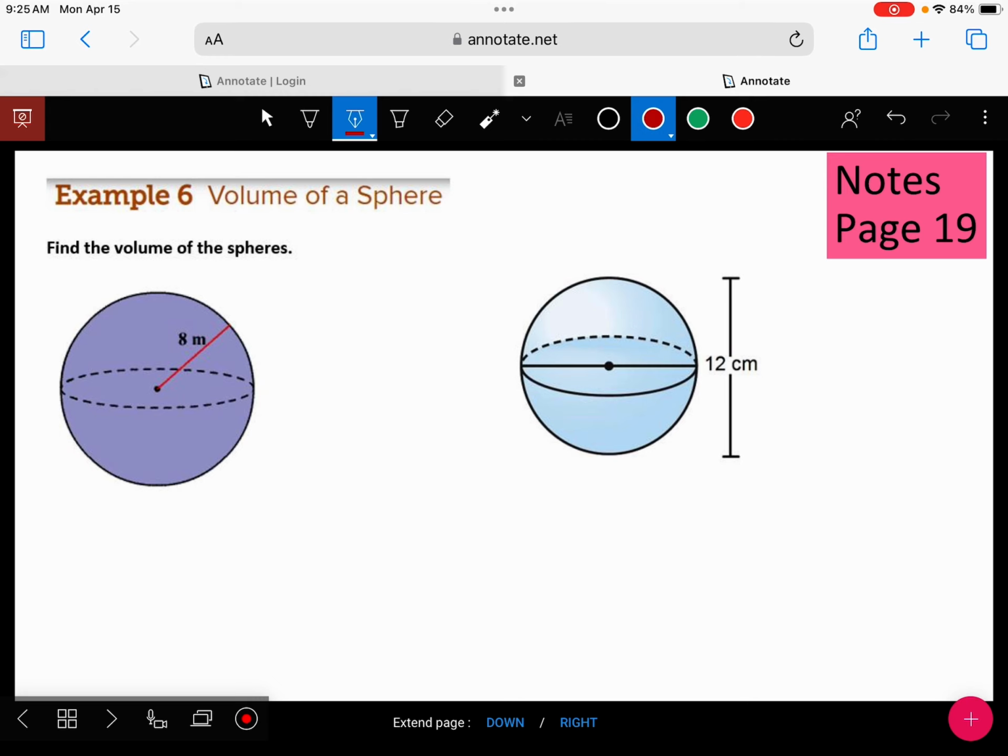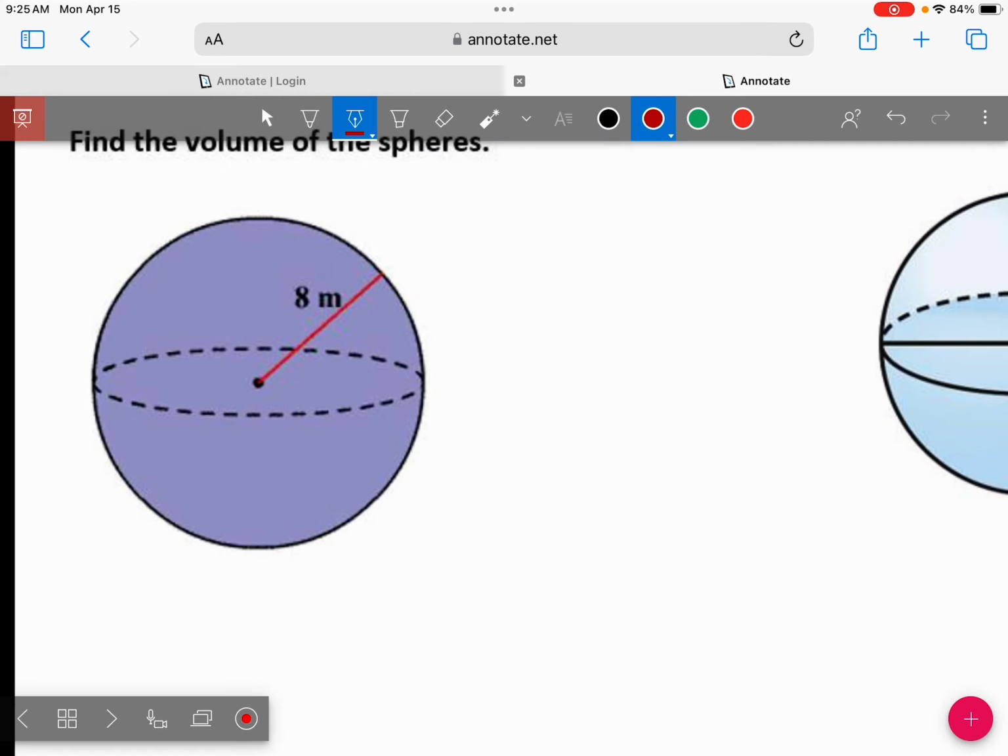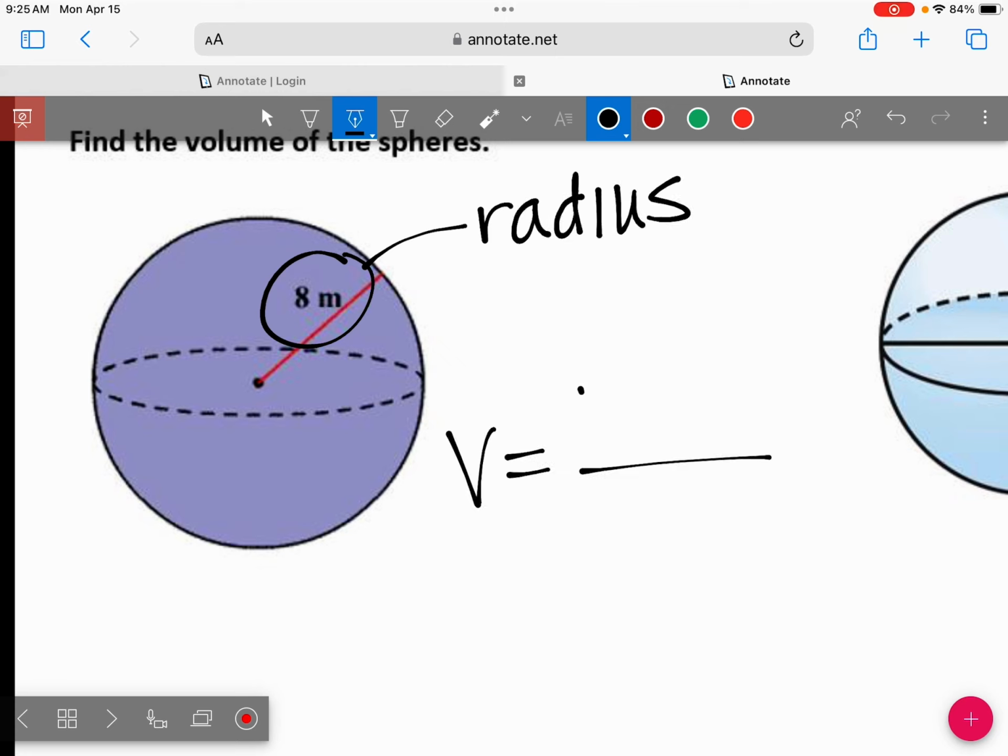So as long as you have the radius, you just type it in. So is that 8 the radius or the diameter? Does it go to the middle or does it go to the edge? To the middle. So this is your radius. So volume equals 4 pi, and then you have 8 to the power of 3 over 3.